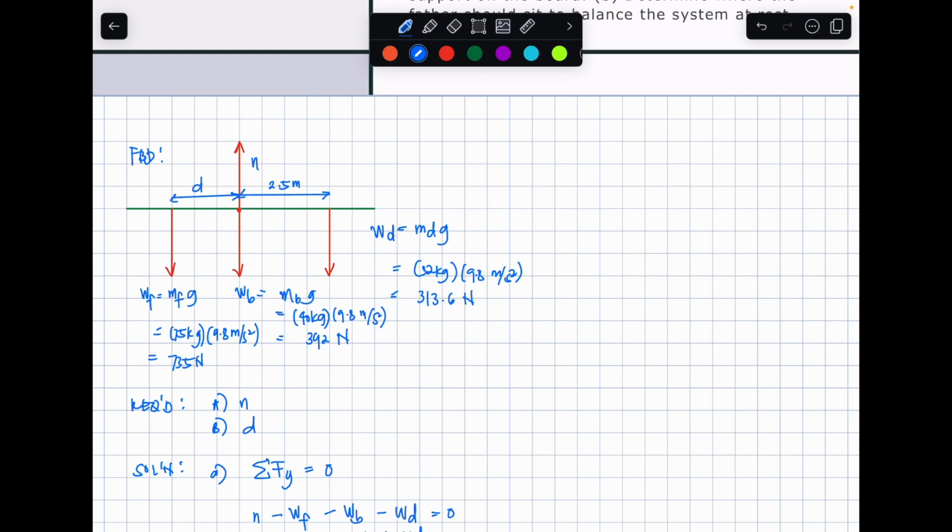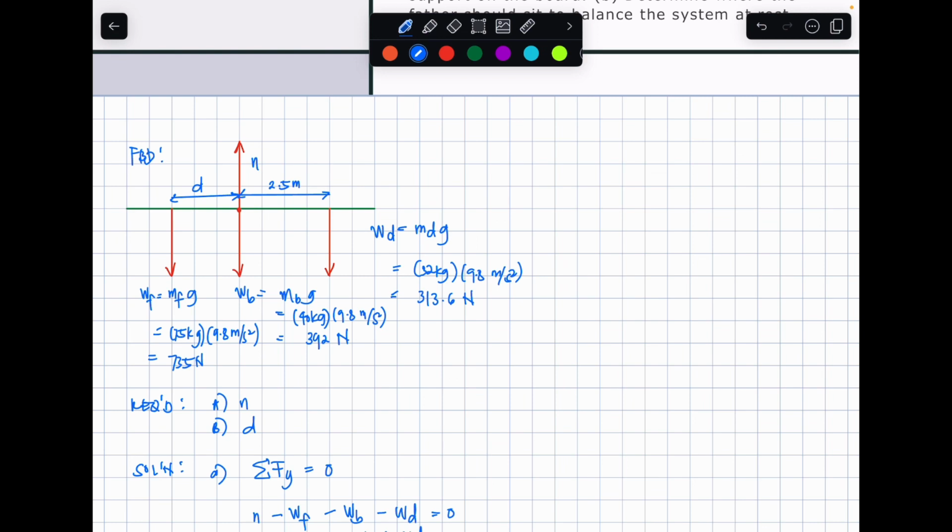Since torque is the product of the perpendicular force multiplied with the lever arm, if we find the summation of torque at a certain point which consists of forces, then it would just cancel out.